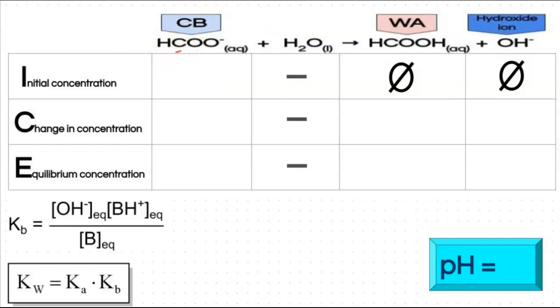If you remember, at the very beginning we had a Ka value for our acid of 1.78 times 10 to the negative 4th. Well, that Ka value with that negative exponent tells me that the reactants are favored.